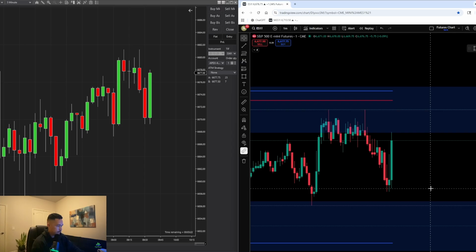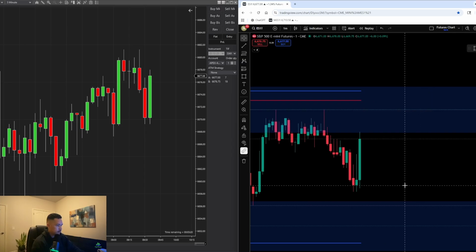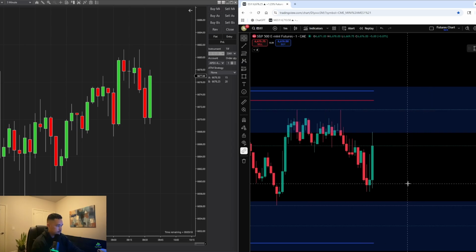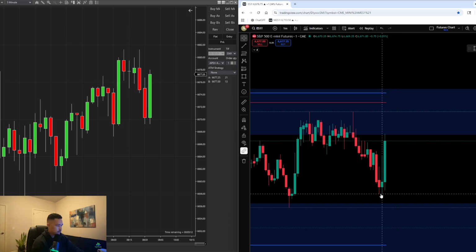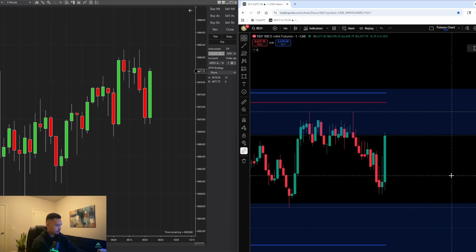So that's what we're going to find out. But like I said, I may want to come hit this resistance level, proceed to trade down and fill in that huge gap.